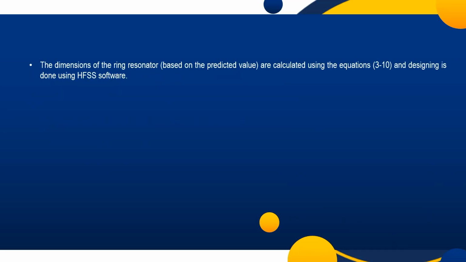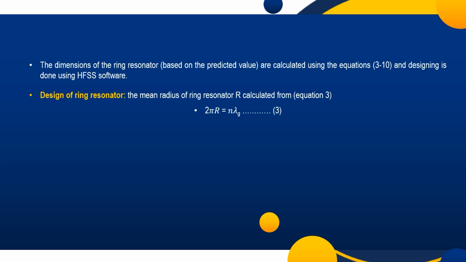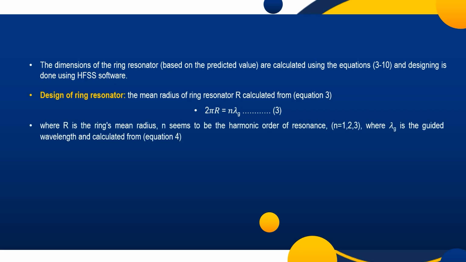For that purpose, again there is a set of equations which are very much available in the literature. First I need to calculate the ring resonator mean radius r. Then using equation 3, we arrive at r.